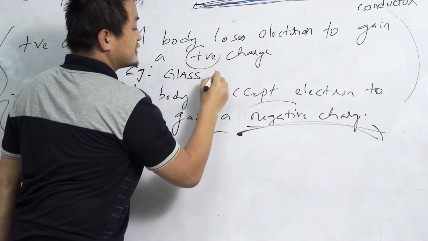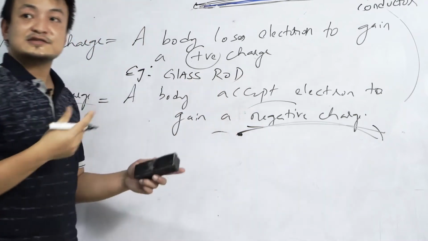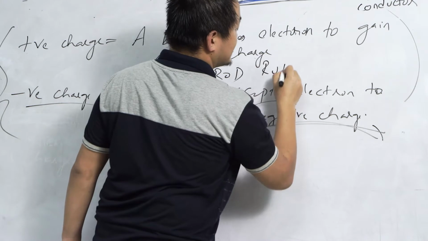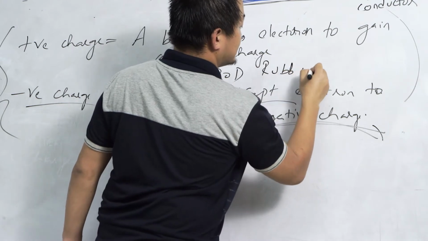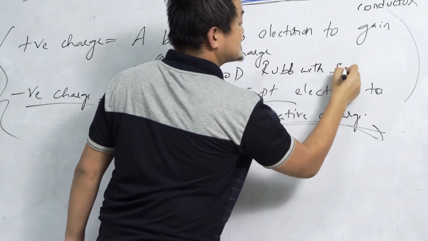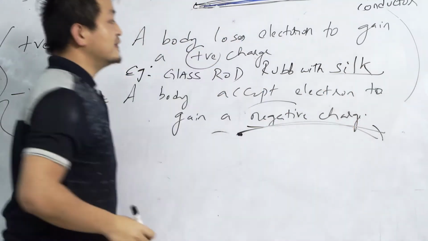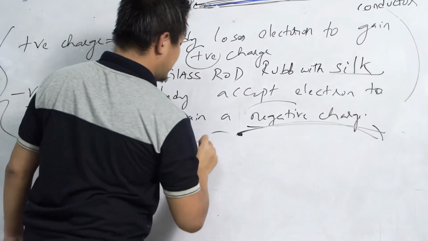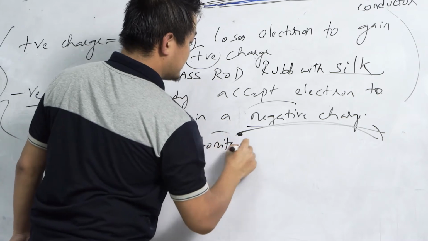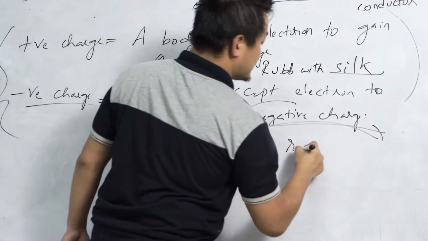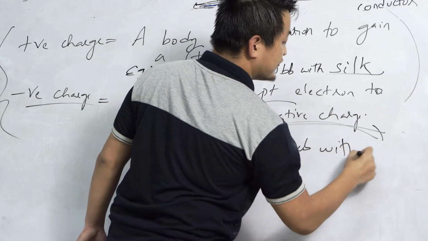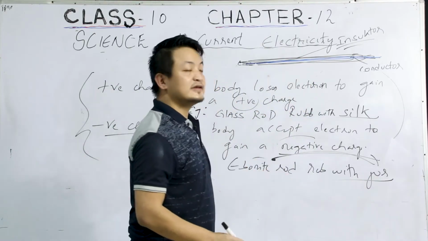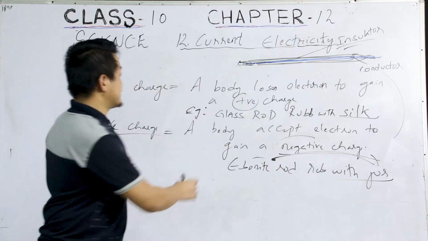You can imagine a glass rod rubbed with silk, then you will gain a positive charge. And an ebonite rod rubbed with fur, then you will get a negative charge. So this is just an example.